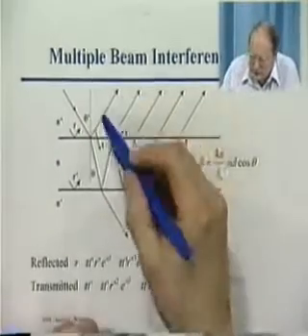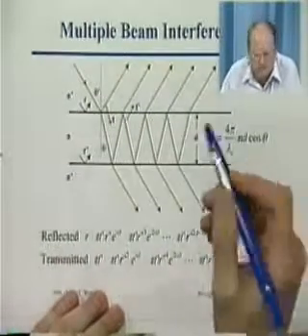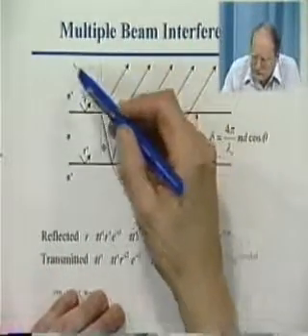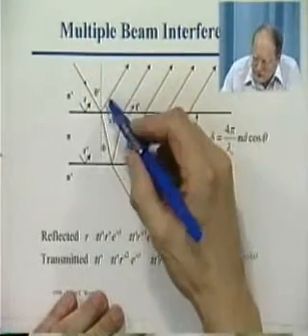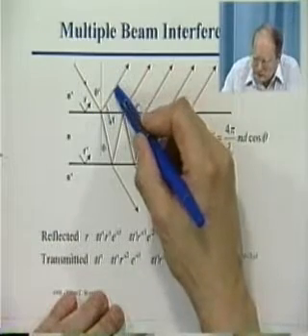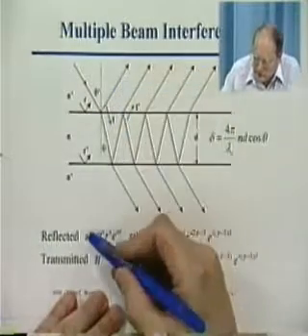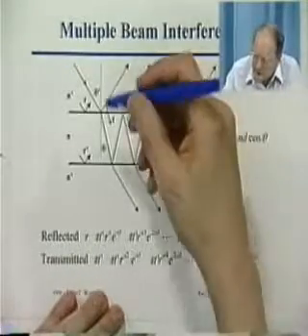So if now I want to look at the reflected beam, and we'll look at the amplitude of the reflected beam, light comes in here, and let's say this is unity right here. What will be reflected up here is r. So the first beam is r. The second beam, well, let's see, what do we get?